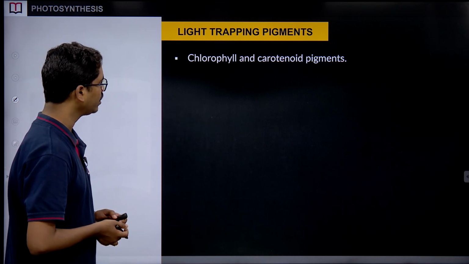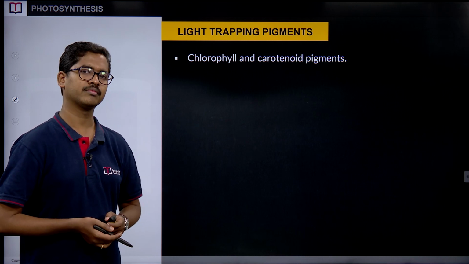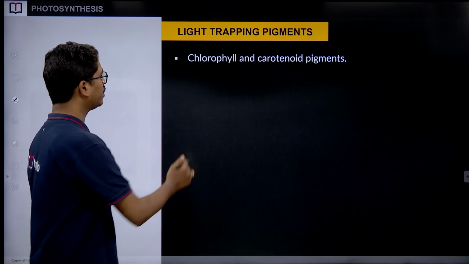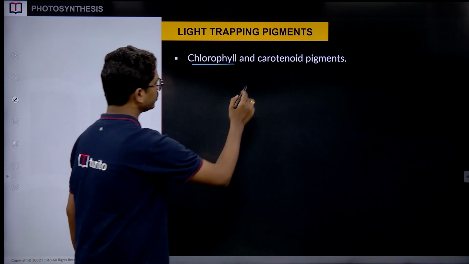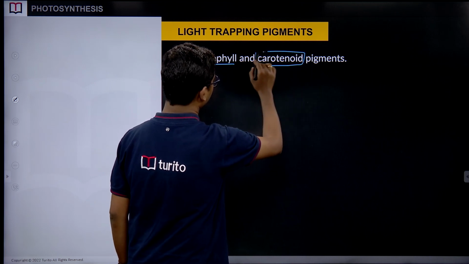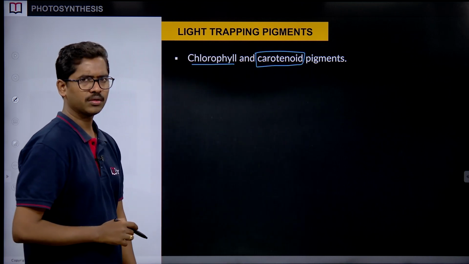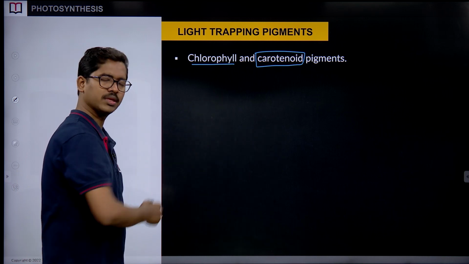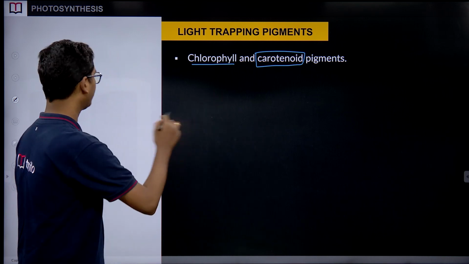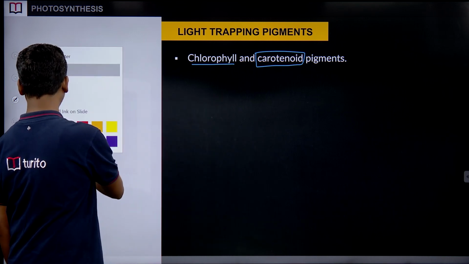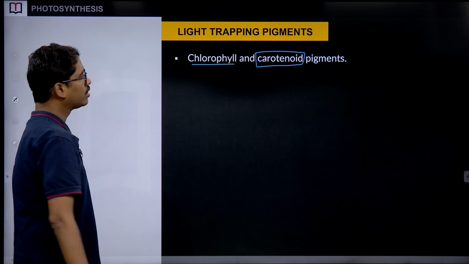One is chlorophyll, another is carotenoid pigments. You might certainly have heard about chlorophyll, but you might rarely have gone through carotenoid, some of you. But this was still there in class 9th if you remember; these components were already given there.